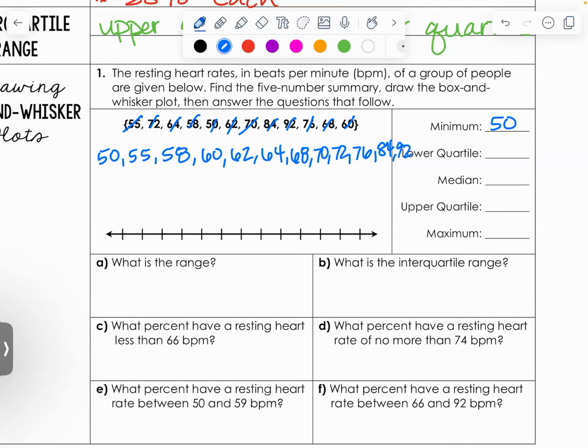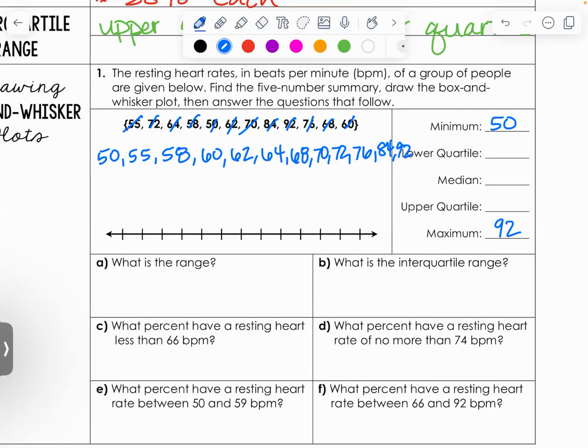How many people are in this group? Would 92 be considered an outlier? Good question. I'm thinking. Okay, 92 would be the maximum. There are 12 pieces of data. How many pieces of data are going to make up each quarter?